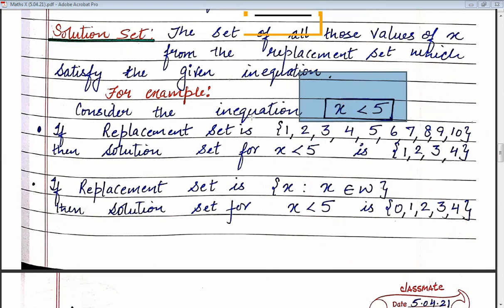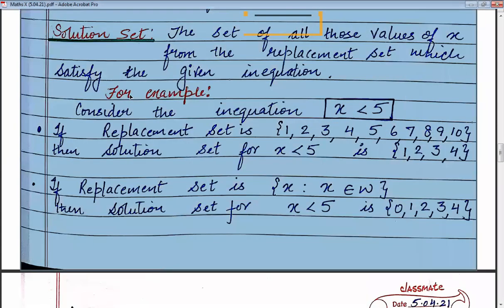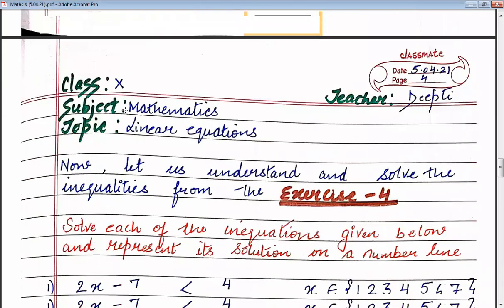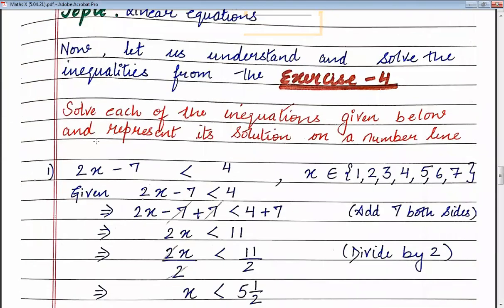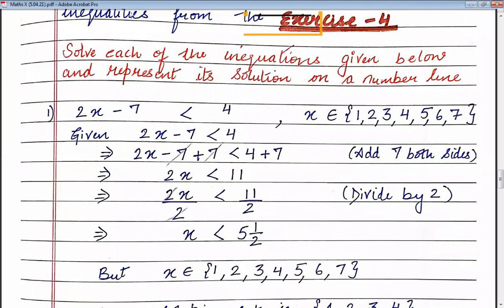Now let's move on to another page, and let's understand this linear inequation with the help of questions. Now, children, I have taken a few questions from your exercise 4. Let us discuss all the selected questions one by one. In this question, you are given an inequation, and you have to represent the solution of the linear inequation on a number line.